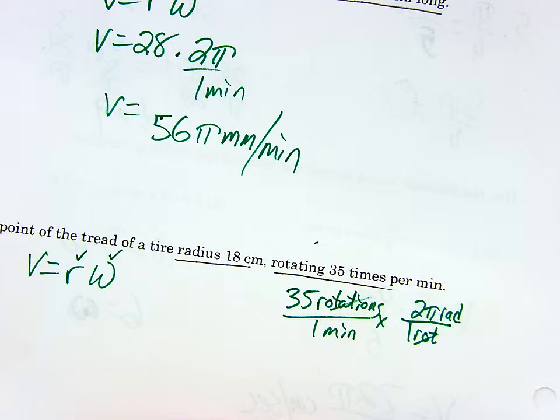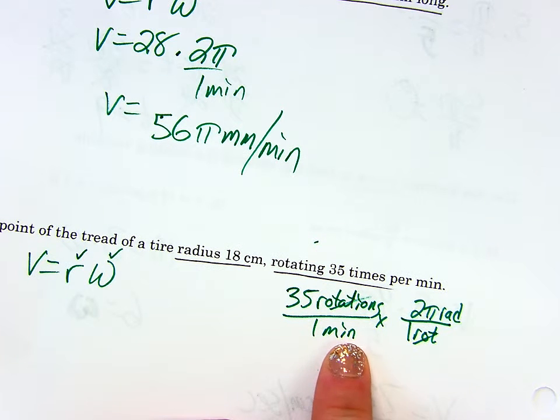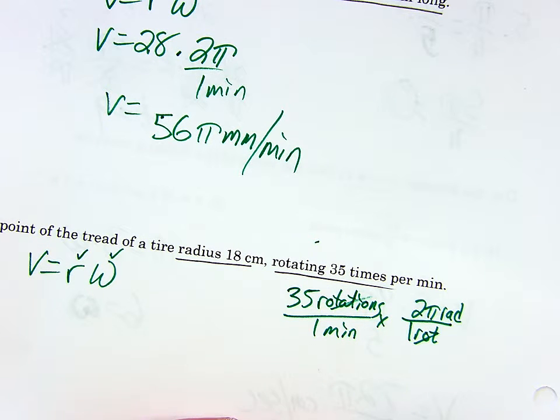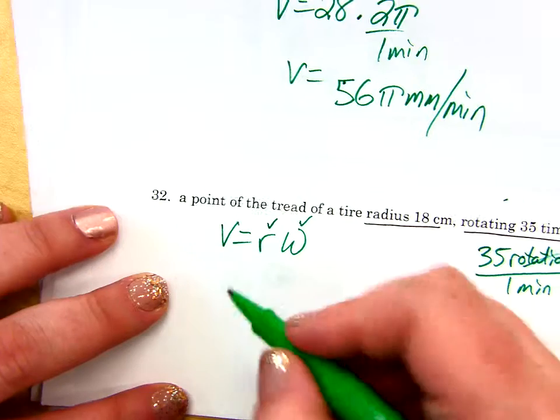I'm just getting W. So that's 70 pi, but I just want everyone to see why. 35 revolutions in a minute. Each one of them is 2 pi, so that would be 70 pi radians in a minute. Always okay?